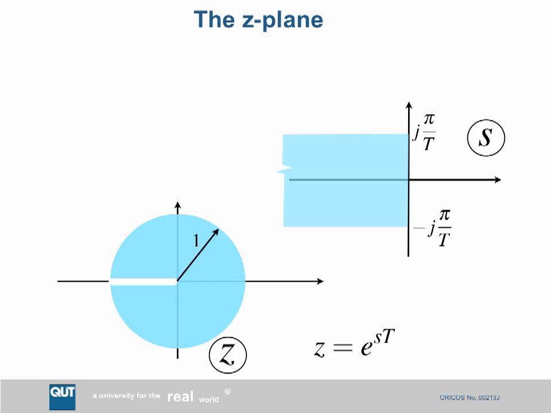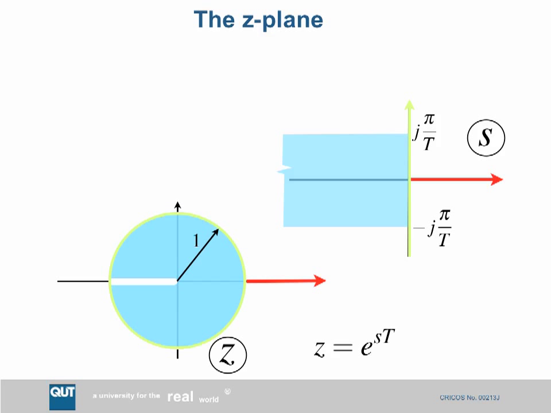Not uniquely. So it's not an infinite thing wrapped around it. It's an infinite thing going around and around and around the unit circle lots of times. And notice that the limits on that band are between plus and minus pi over T. That's the number that we came up with just before from the Nyquist sampling theorem. So there was that bit of the real axis, how it gets mapped, the red bit.